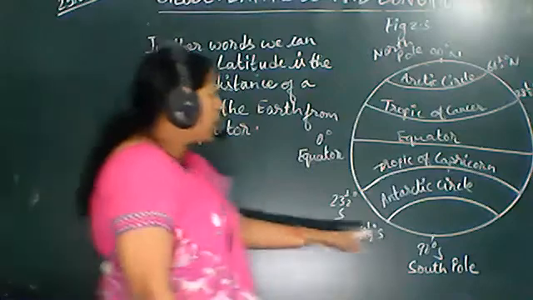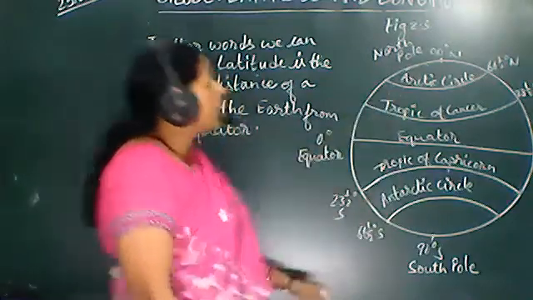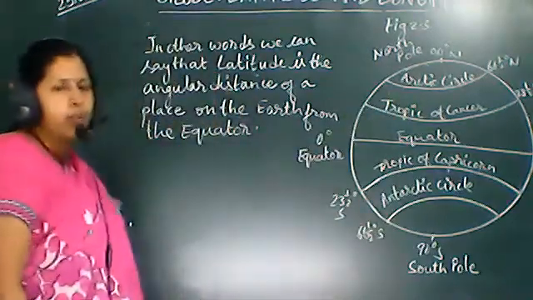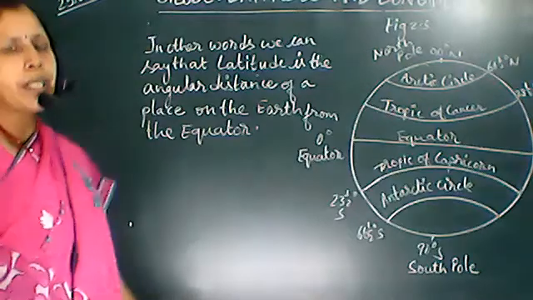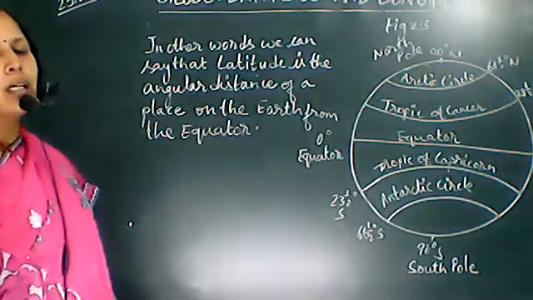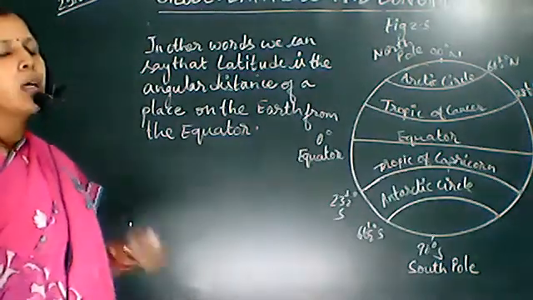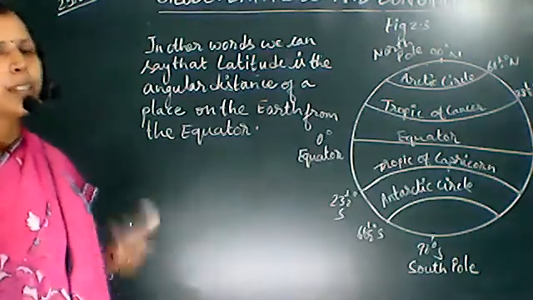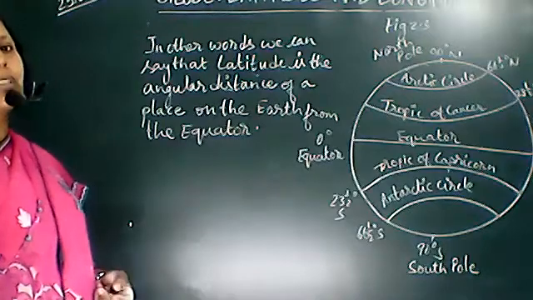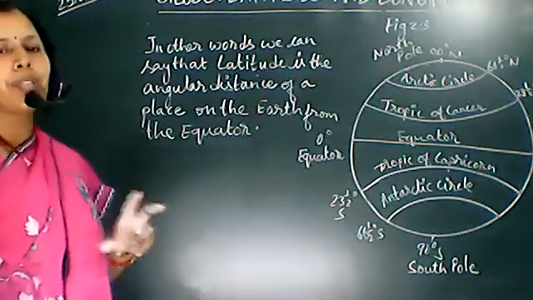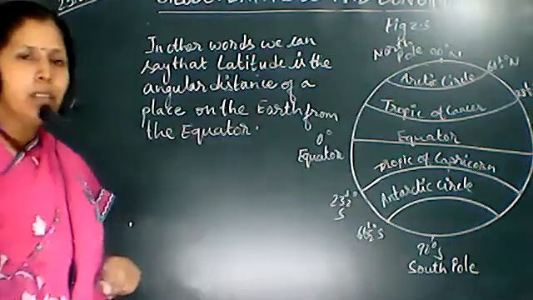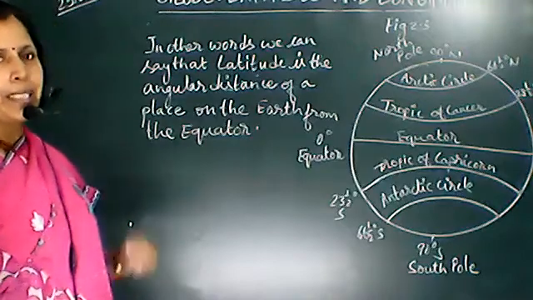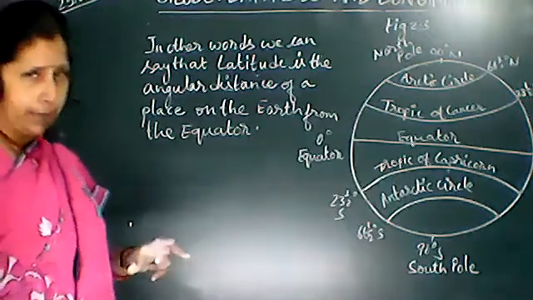Then you have the North Pole and the South Pole. These important latitudes drawn on the Earth's surface help us in determining the exact location of a place.